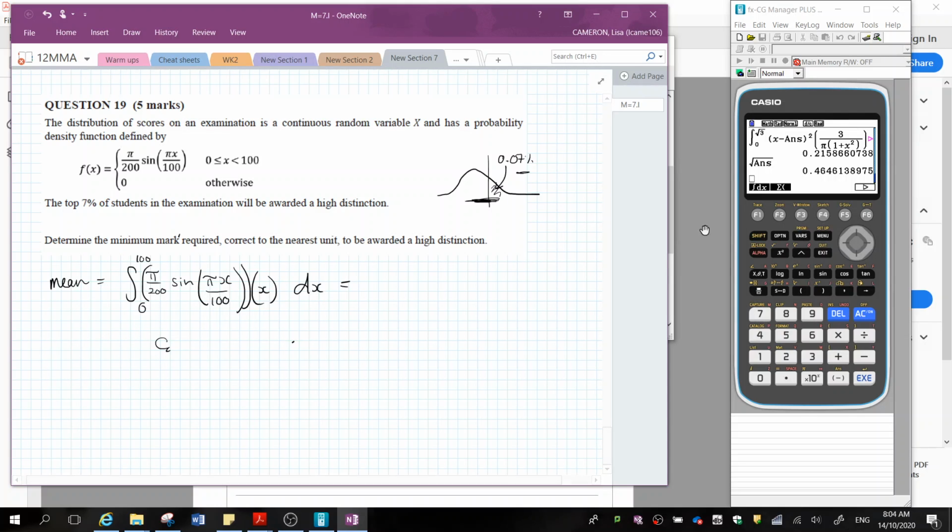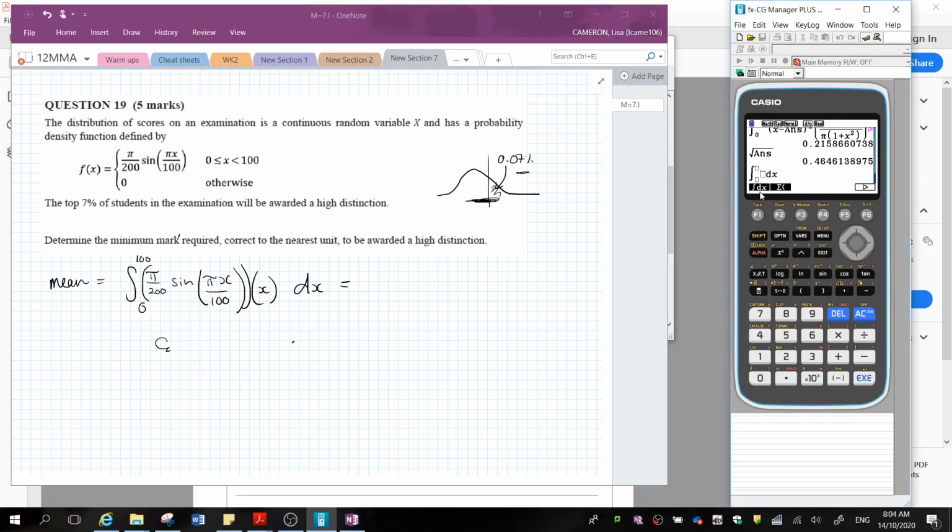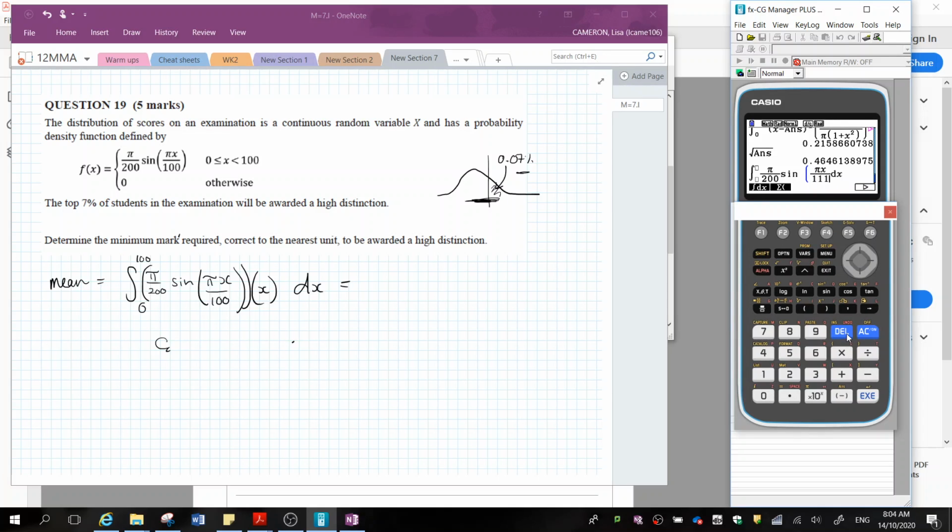So when I throw that in the calculator, integrating, shift, pi over 200, sine bracket, shift, pi x over 100, brackets. Now I'm going to put this whole thing in brackets so I can multiply it by x.